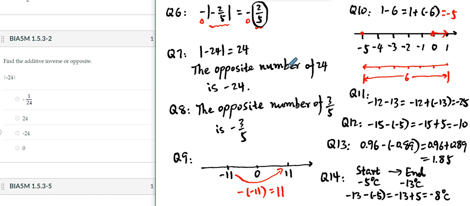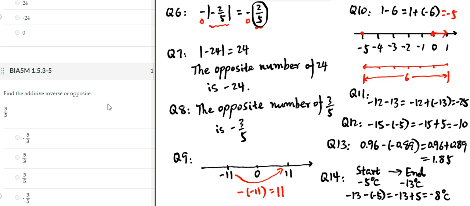So the opposite number of 24, or opposite number of the absolute value of negative 24, of course, is negative 24. Because again, the absolute value of negative 24 is 24, and the opposite number of 24 is negative 24. So the answer here is this one. The question just tries to confuse you.